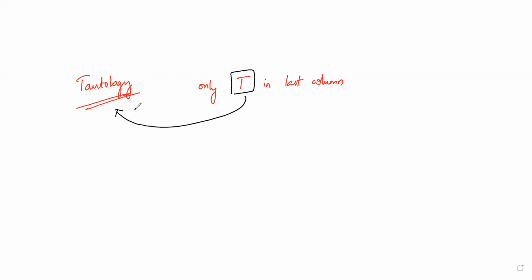Similarly, if there is only F in the last column, you will call that a contradiction. You would have studied in 10th class the method of contradiction. Contradiction means you will assume one statement and prove that it is false, right? That is what you will be doing in contradiction.